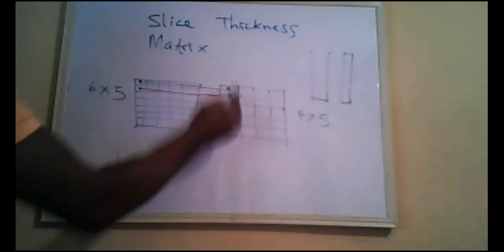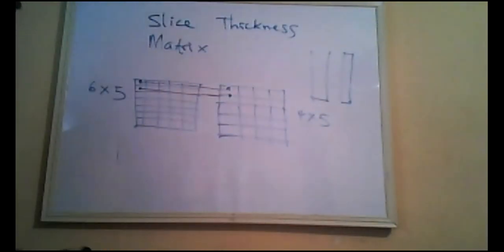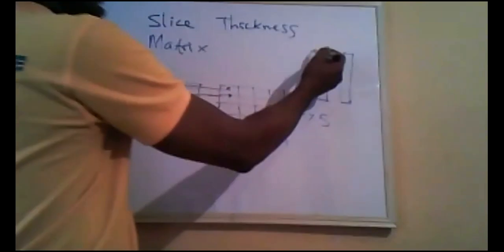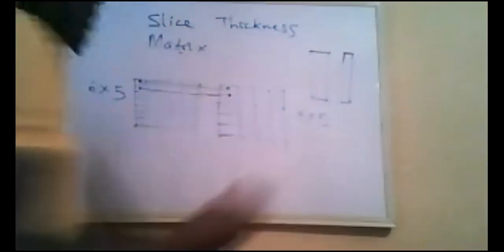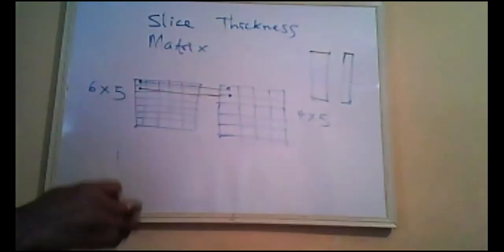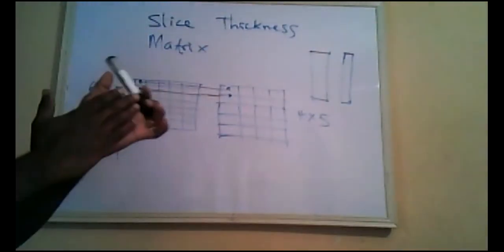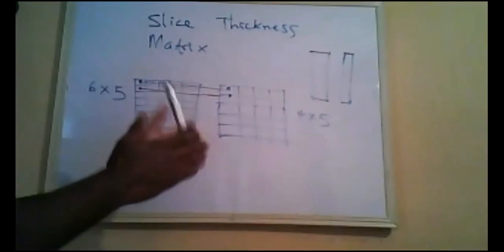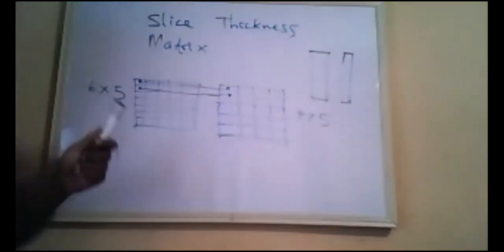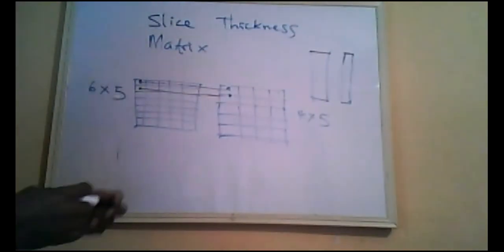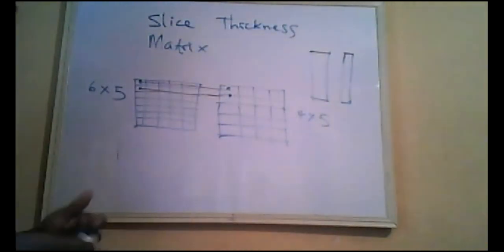Then for slice thickness, the smaller the slice thickness, the better the spatial resolution, because the thinner it is, the better discrimination we have when we want to locate structures and look for subtle differences.